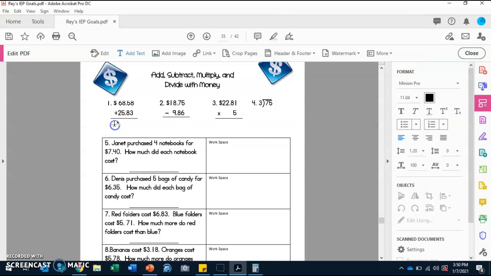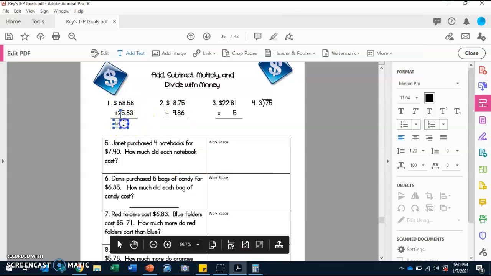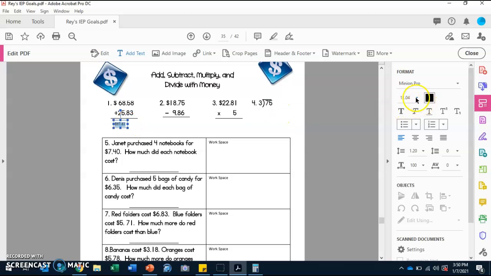So that is what we are going to write here. $97 with 41 cents. And let me make this bigger because it is way too small. And that is the total there.